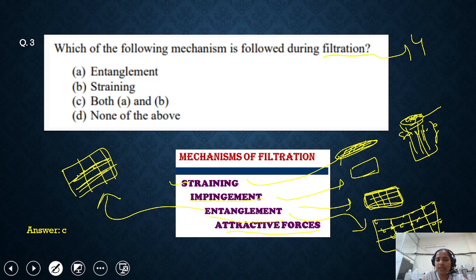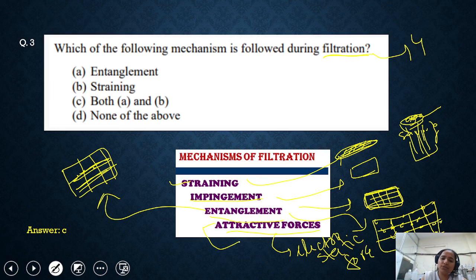And the fourth one is attractive forces, meaning if there is any type of electrostatic force present between the filter and the particles that you want to separate, then this attractive force occurs and filtration takes place.